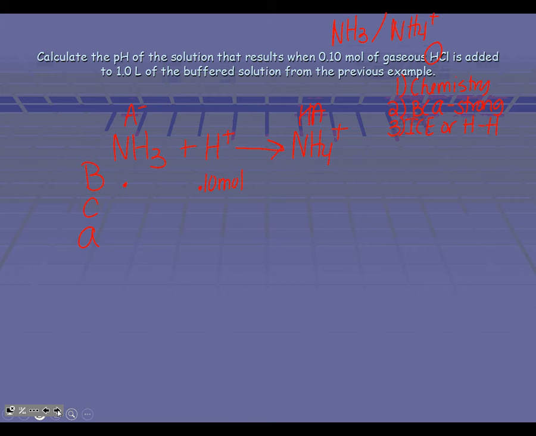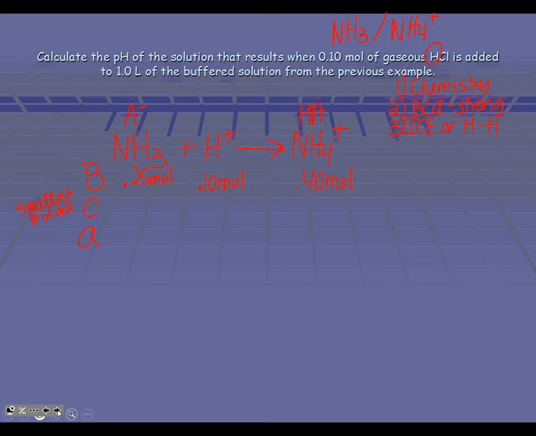So we have 0.25 moles of ammonia, and we have 0.40 moles of ammonium. Now, remember with the change part, for the change, it's always the smallest number of moles. That's what you're always going to be changing by.